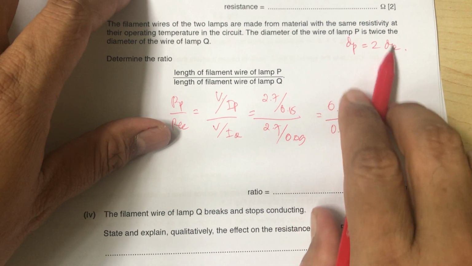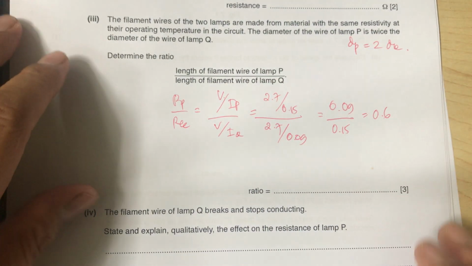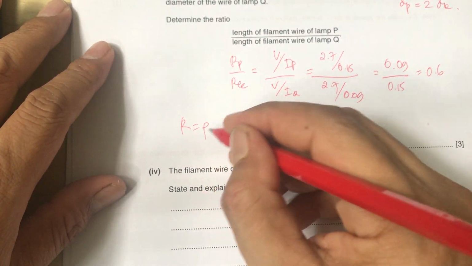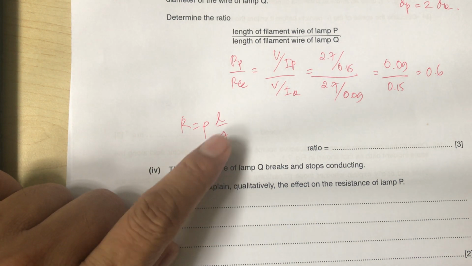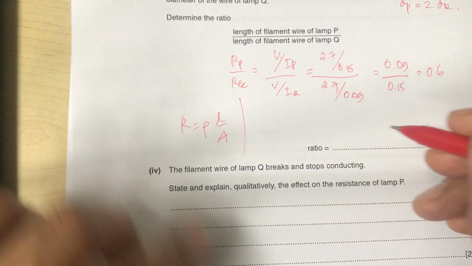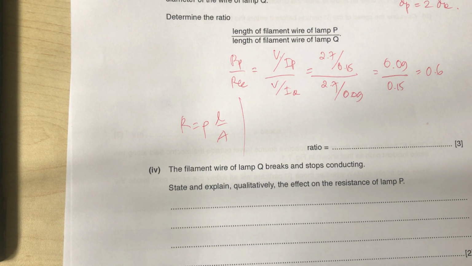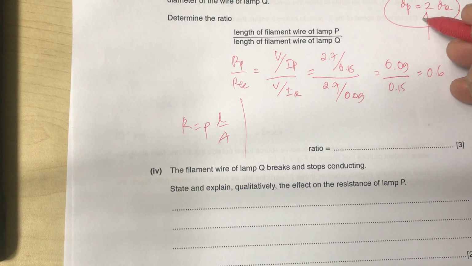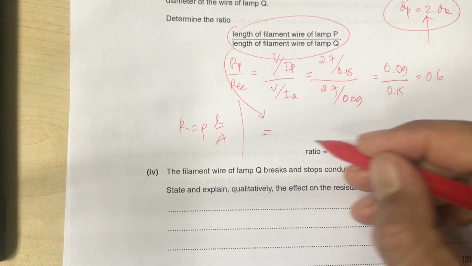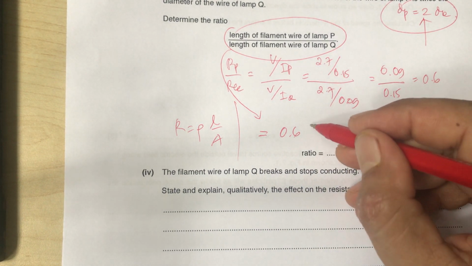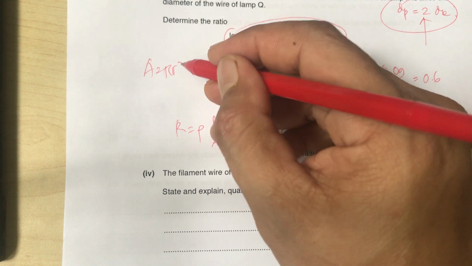Because this is related to diameter, we use R equals rho L over A. The resistivity is the same, but the diameter is in A. So the ratio of length P and Q is the same as 0.6 with 2 squared, because A equals pi r squared.